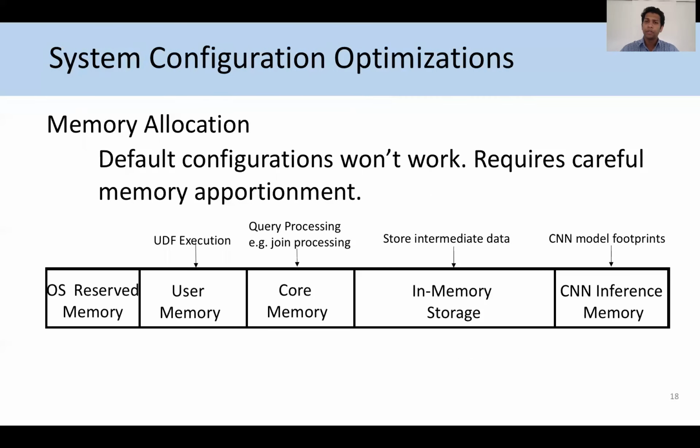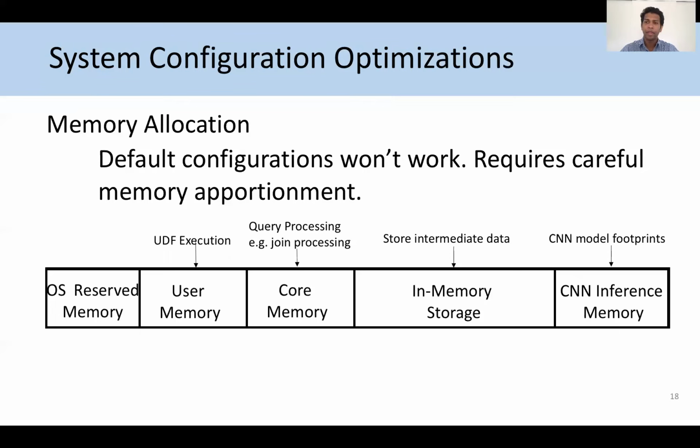In terms of system configuration optimizations, one of the most important configuration optimizations that Vista does is memory allocation. When executing a workload that spans across both parallel data flow systems and deep learning systems, it turns out these systems have complex memory requirements. For example, parallel data flow systems need memory for query processing, UDF execution, and also storing intermediate data in memory.